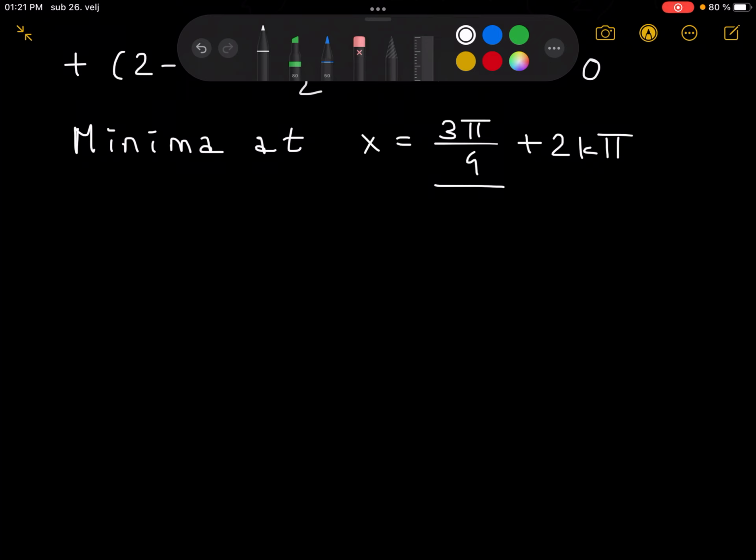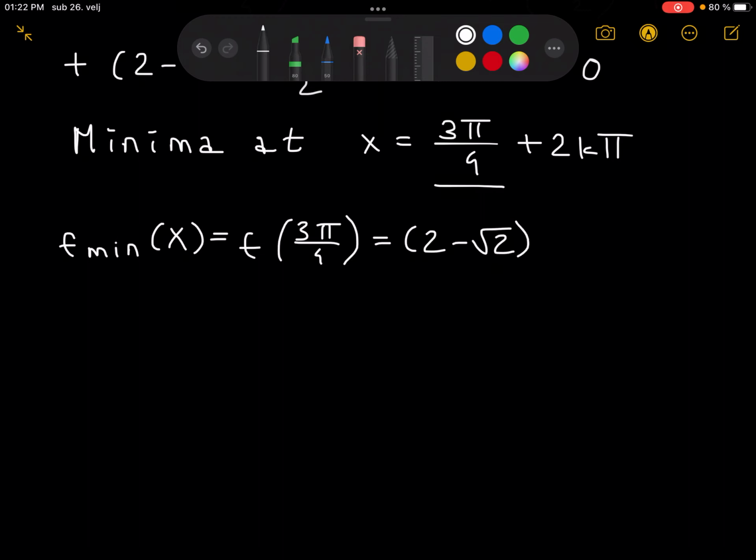So, I'll just write it as f minimum of x is equal to f of 3 pi over 4, which is equal to 2 minus the square root of 2 times minus, whoops, 2 minus the square root of 2, and we're plugging that value into our original function, not into any of the derivatives, of course.